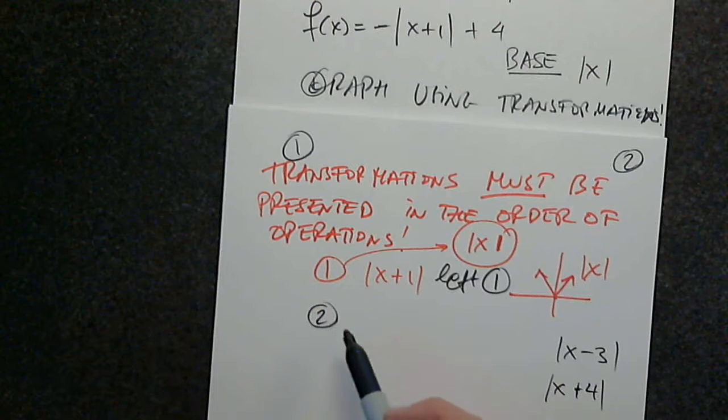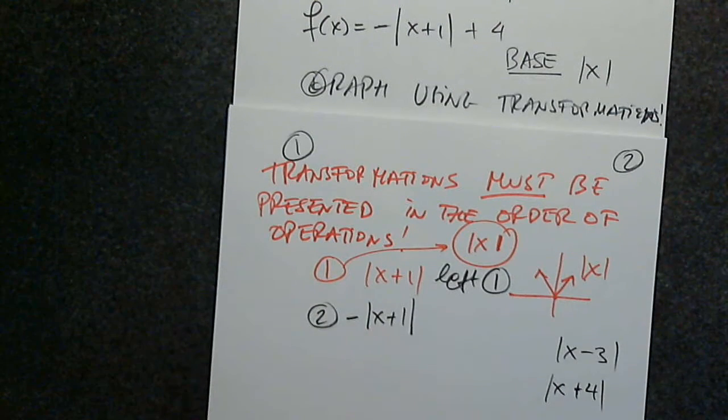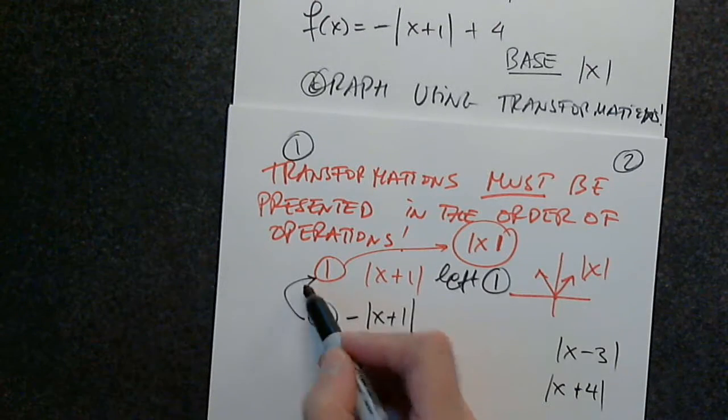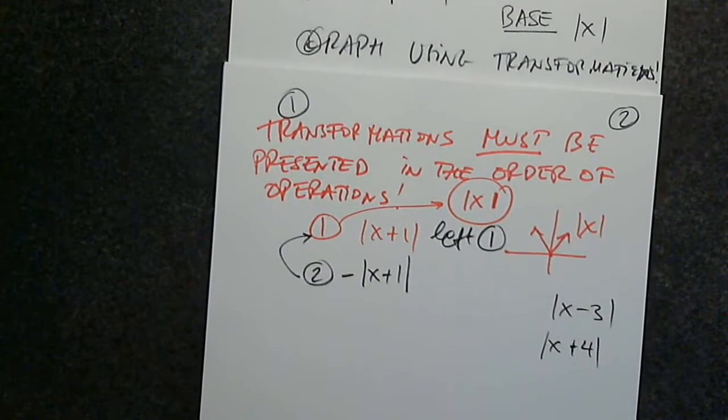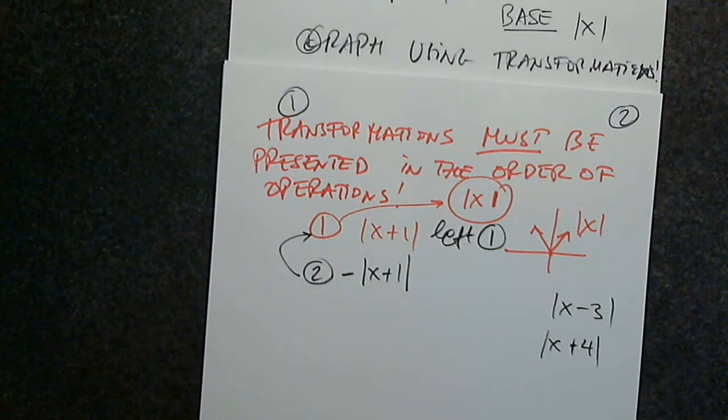Okay, perfect. So now the next transformation is the absolute value of x plus 1, but with minus in front. And this is a transformation on 1. What does this do to this? You have to think in terms of, do I change x or do I change y? Yes, we are changing y. In which way?